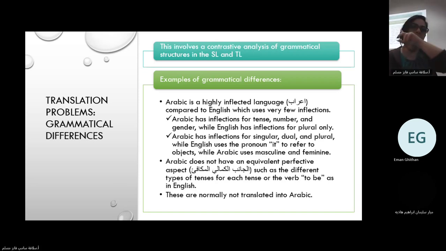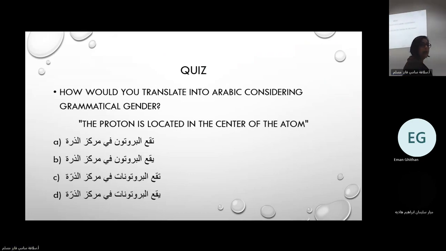Okay, or vice versa. Now, how would you translate into Arabic by considering grammatical gender? Okay, the proton is located. Protonat الفيتشر. The proton is located in the center of the atom.